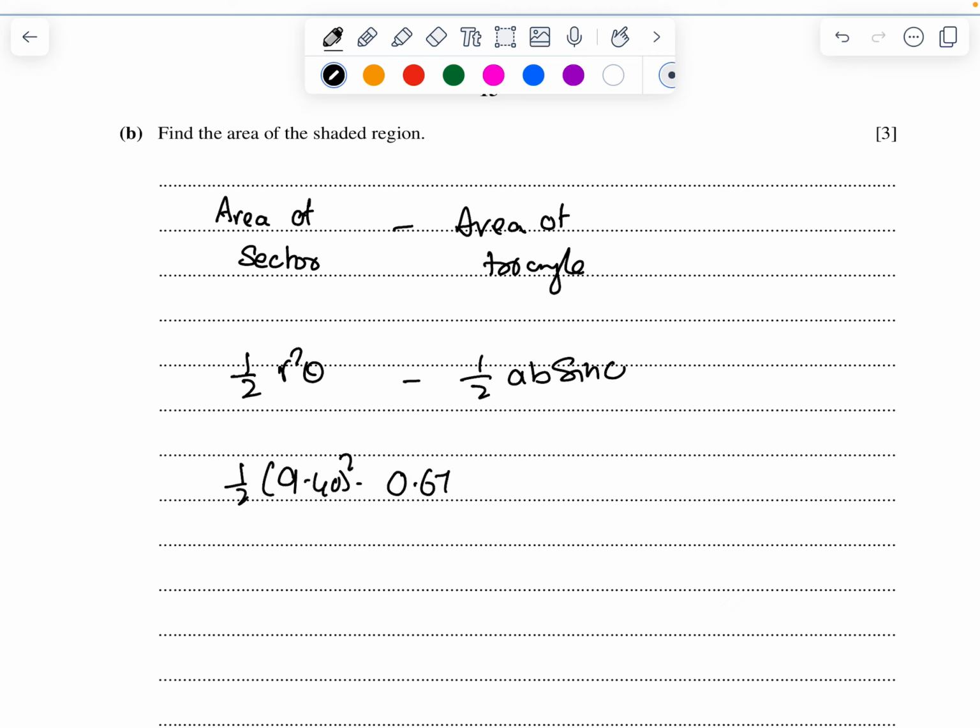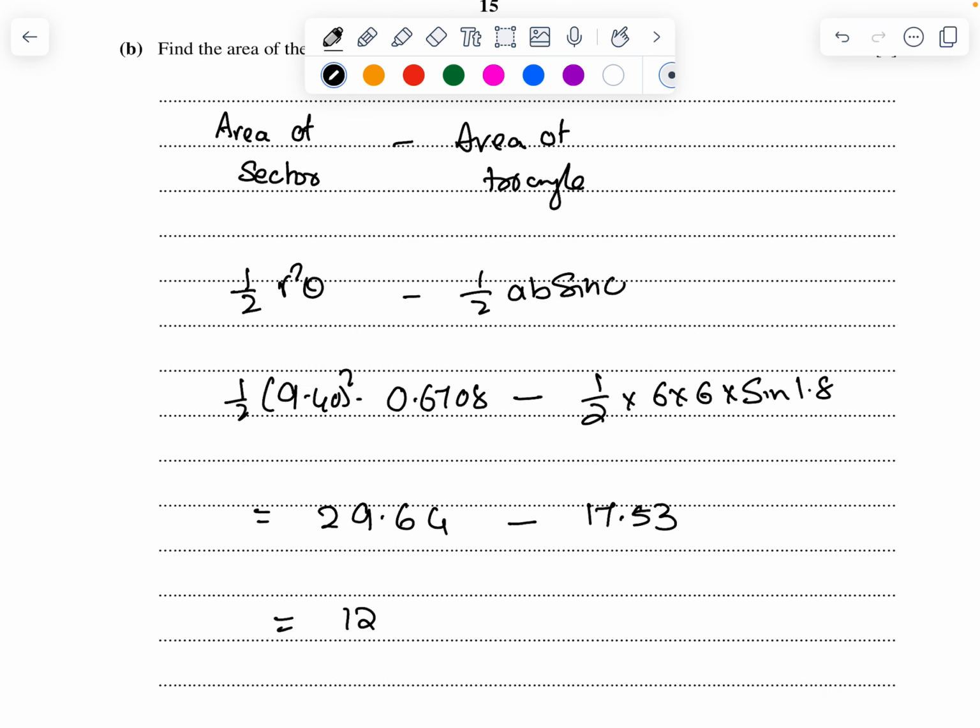Theta we have found as 0.6708, minus half times AB. A is 6, B is 6 and sine of the angle between them which is 1.8. This becomes 29.64 minus 17.53. So my answer is going to be 12.1.